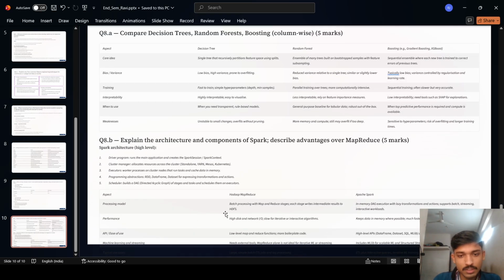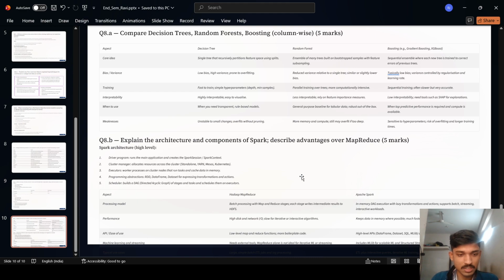The second aspect is performance. MapReduce has high disk and network IO, and is slow for iterative or interactive algorithms. Apache Spark keeps data in memory where possible, much faster for iterative machine learning and interactive analytics. API ease of use: MapReduce has a low-level API with reduce functions and more boilerplate code. In Apache Spark, we use high-level APIs like DataFrame, Dataset, and SQL, and the library allows concise expressions.